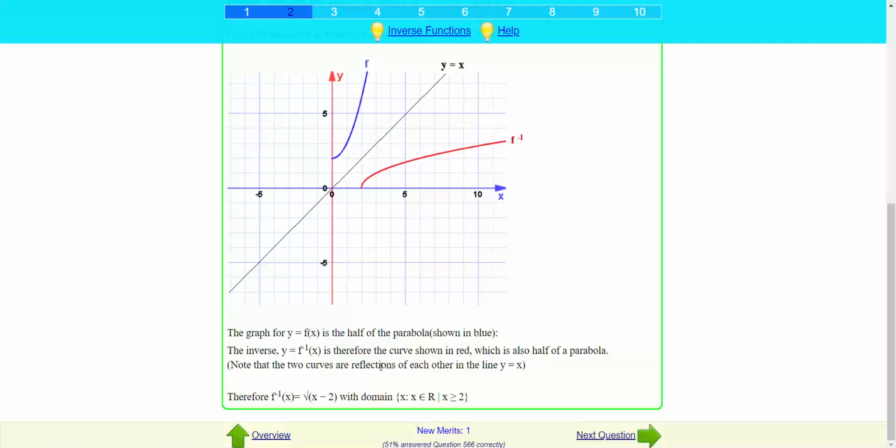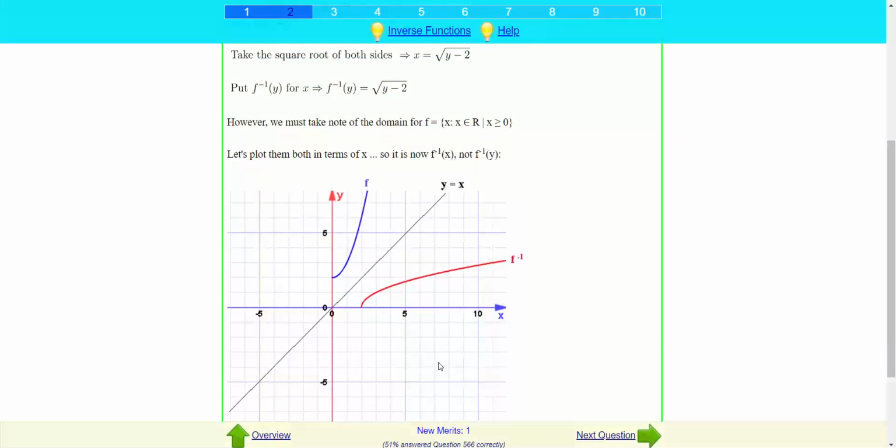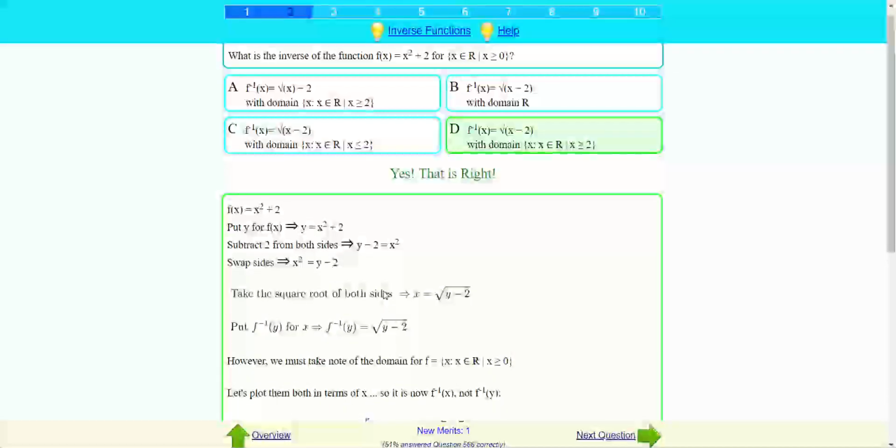Note that the two curves are reflections of each other in the line y equals x. I honestly didn't consider the graph here because I can see that it starts at 2, and I don't think we will have enough time to actually plot this. But algebraically, you don't want a square root of negative numbers, so you have to limit the domain.